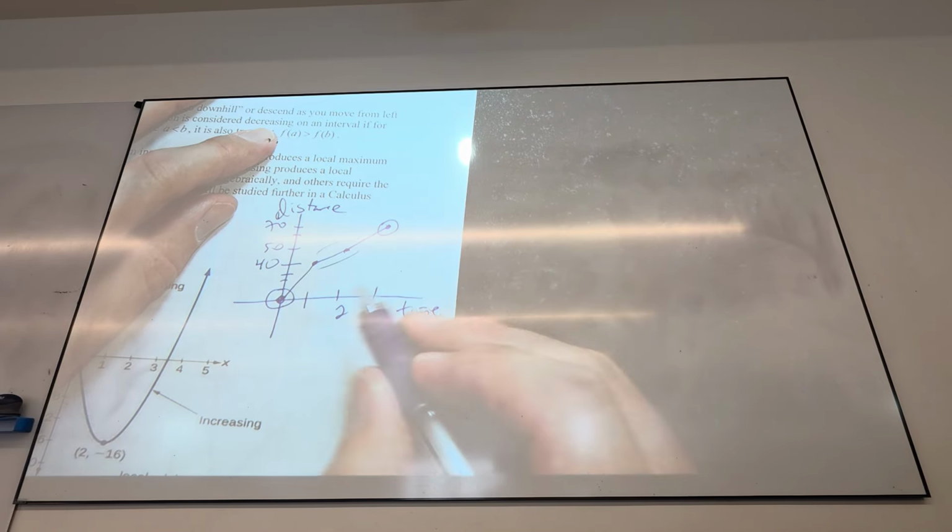So I would take the output for an input of 3. Let me say this is a function of time. If f of t is my distance, what's f of 3 mean?